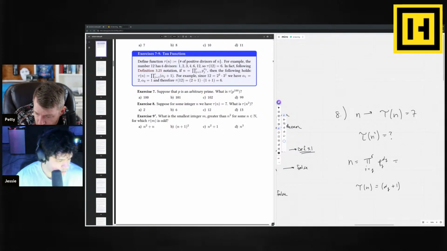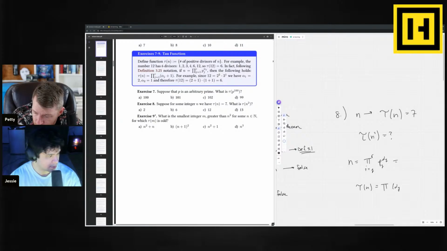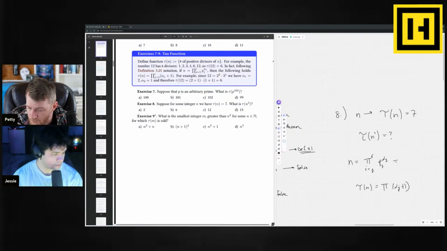So alpha j is equal to 6. Oh no, that's not right.